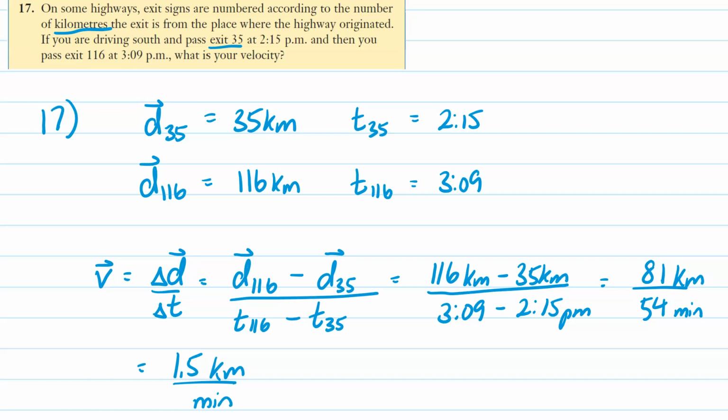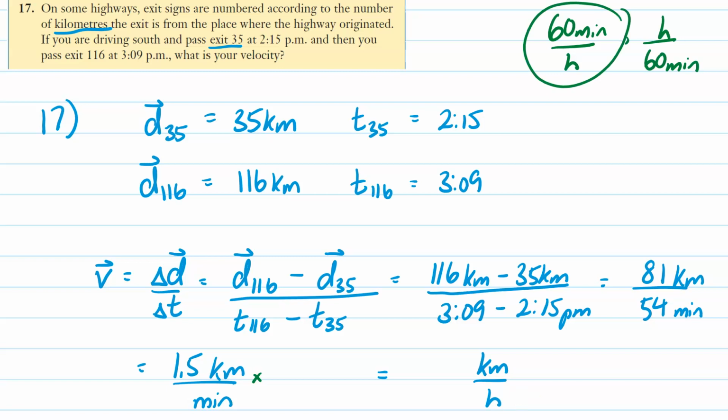Now, we're not asked for kilometers per hour, but that's just a natural unit for speed if we're talking about highways. So let's convert kilometers per minute to kilometers per hour. Well, what do we know about minutes and hours? We know there are 60 minutes in every hour. So if I want to multiply by a conversion factor to get my units into kilometers per hour, I want to select the conversion factor that has hours on the bottom line.